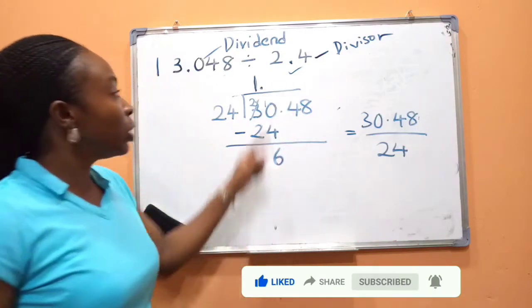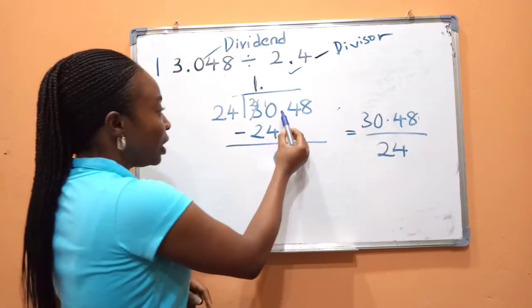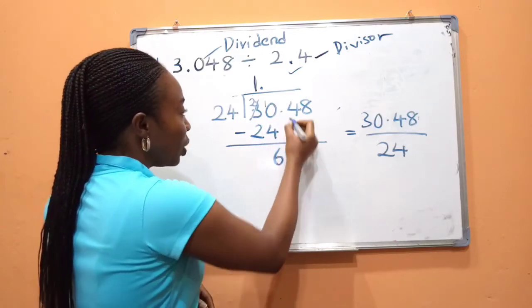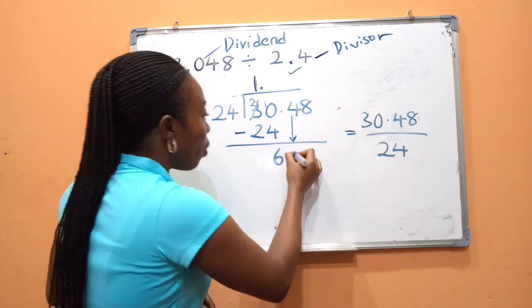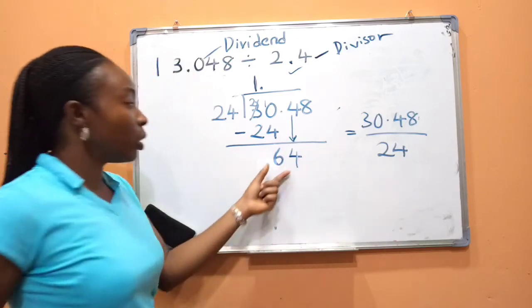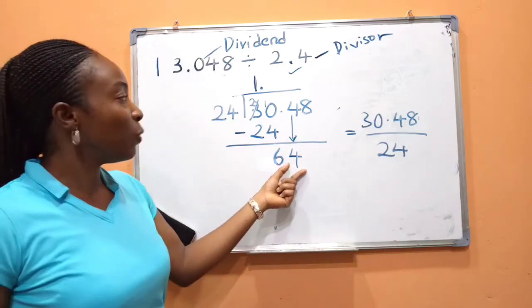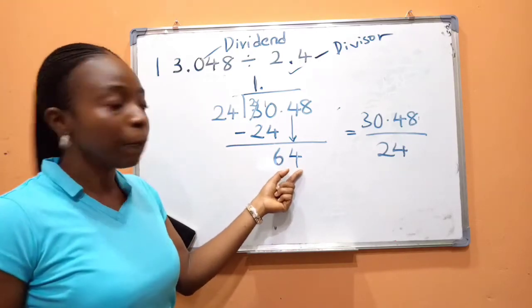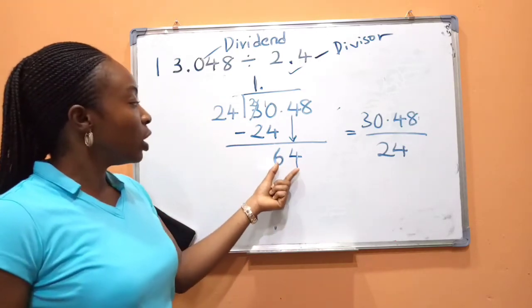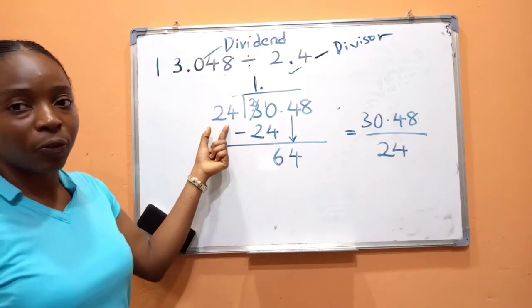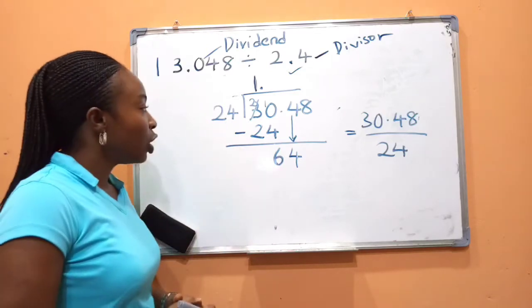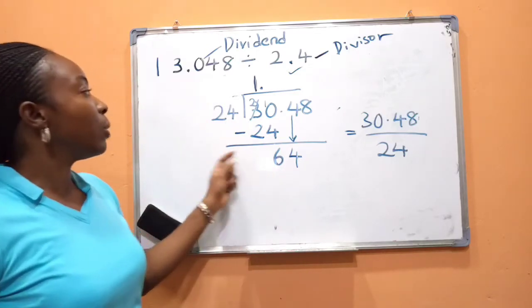And when we do put a point here, it displaces this point. So we can now bring down our 4. And by the time we bring down the 4, we have 64 instead of 6.4, okay? So now we have 64. 64 is bigger than 24, so we can now divide.